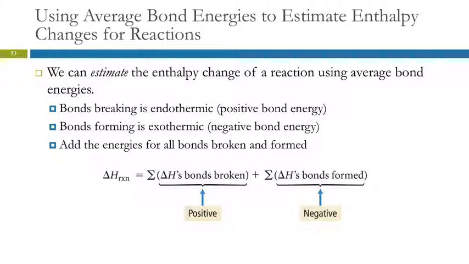So bonds forming is an exothermic process, a negative bond energy. So what we're going to do to estimate enthalpy for a reaction is we're going to look at the total of bonds broken and bonds formed and the energy changes for those. So the heat of reaction is the sum of all the bond energies that are broken plus the negative of the bond energies that are formed.